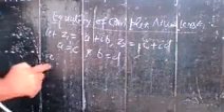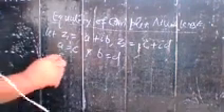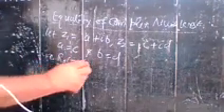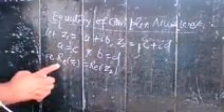So you can write it in this way also. If the real part of z1 is equal to the real part of z2, you can say that the complex numbers are equal.